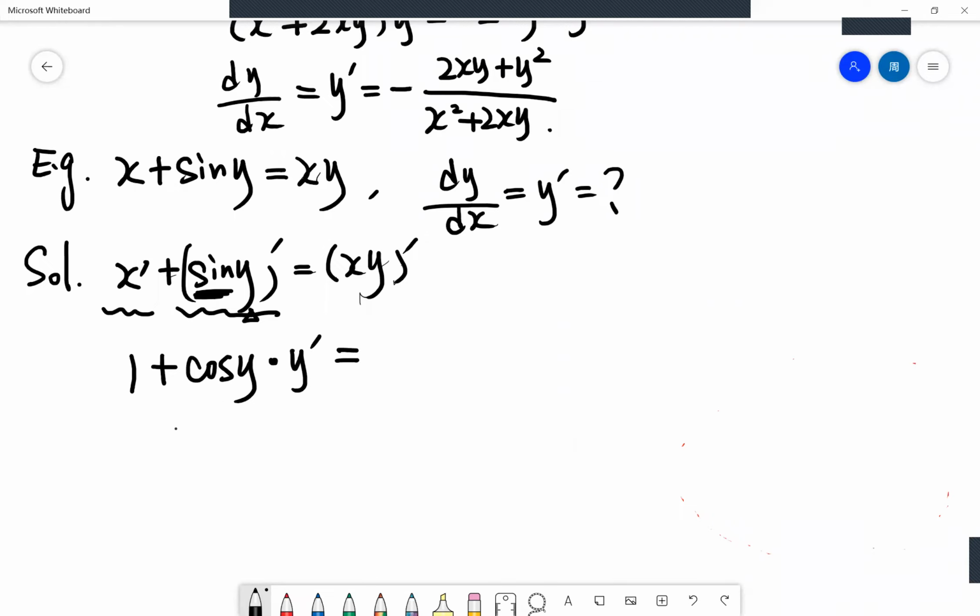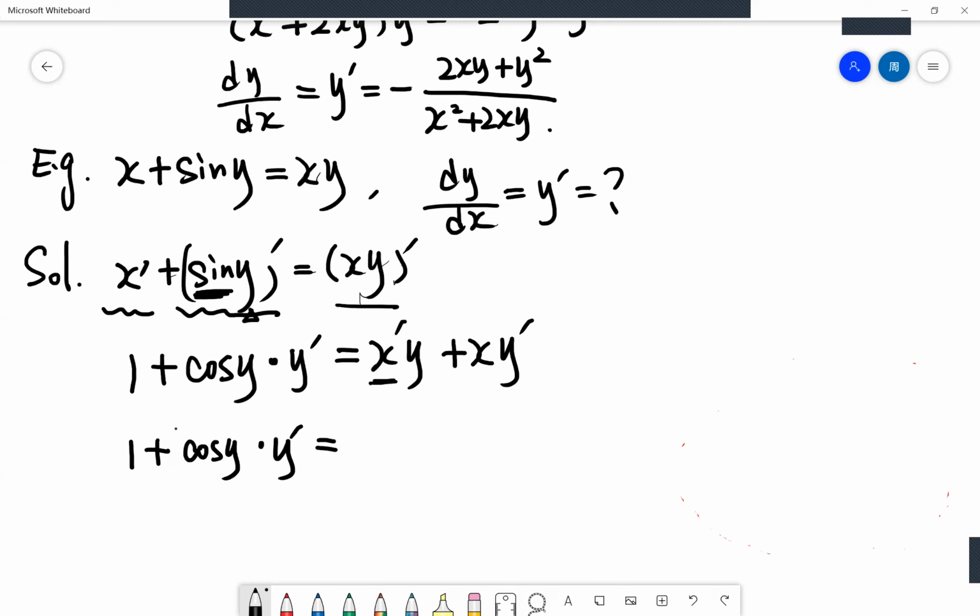And then equals to, here we use the product rule. That is x prime times y plus x times y prime, right? So we simplify it. That is 1 plus cosine y times y prime equals, with x prime equal to 1, y plus x y prime.